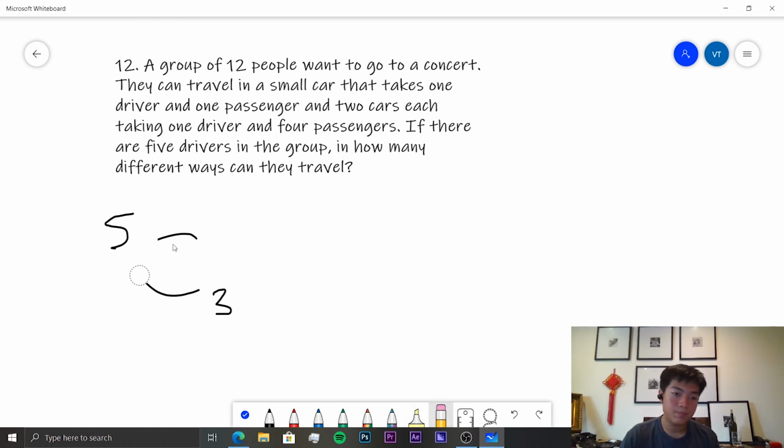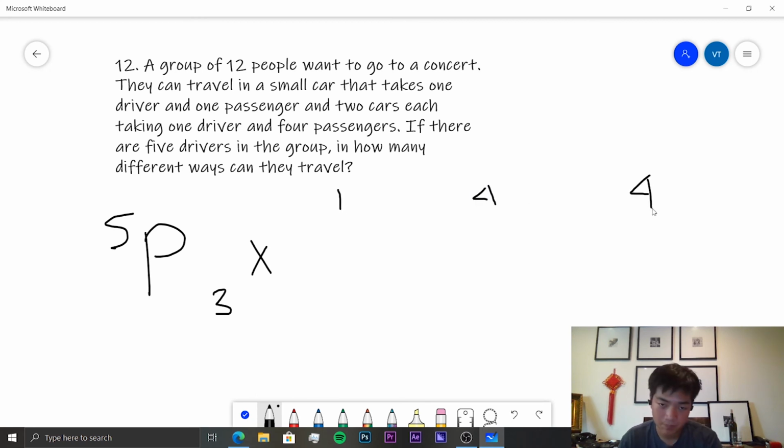5P3. Since we're picking 3 from 5, we need to multiply that with the remaining people. So we have to sort the remaining people into 1 person, 4 people, and 4 people. How are we going to do that?